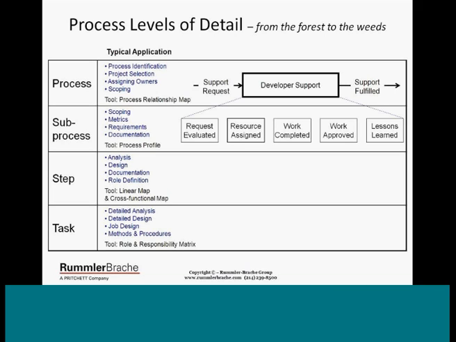Again, this is a very high-level depiction of a process that shows the value-added events inside the process at the highest level. You can almost think of these as milestones. So in our example, we have a developer support process. Essentially, the mission of this process is to assign someone to work on a support request. And you can see the sub-processes there.